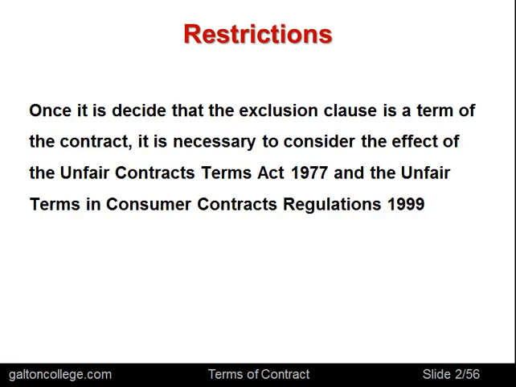Is it valid? Is it permissible to have that particular exclusion clause, where the contract is excluding certain outcomes or possibilities? Is it fair and right that the contract should be able to do that? And how does that proposal square with the act and the regulations I've mentioned on this slide? So let's start by looking at the Unfair Contract Terms Act 1977.